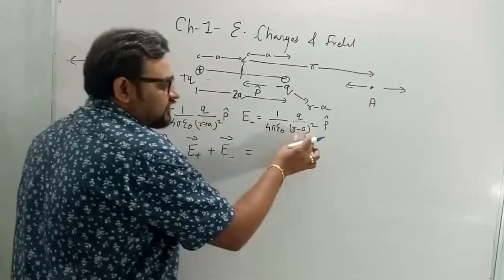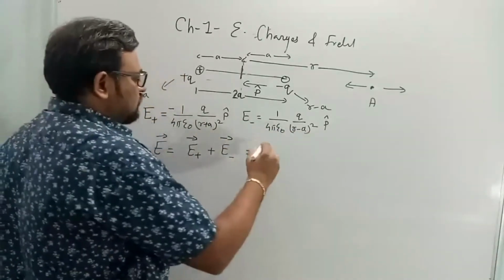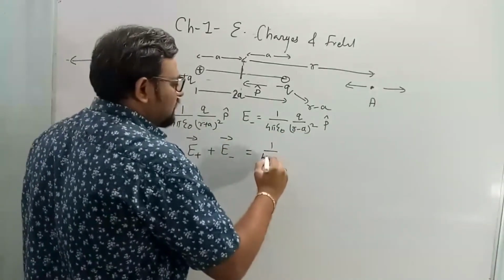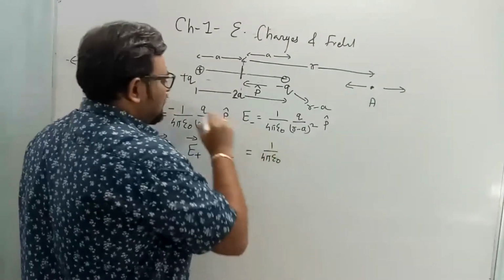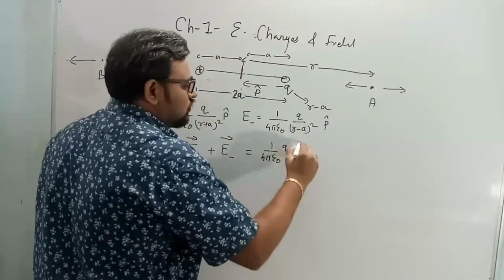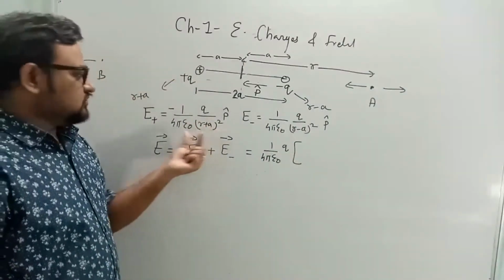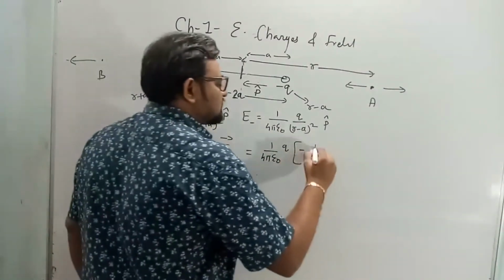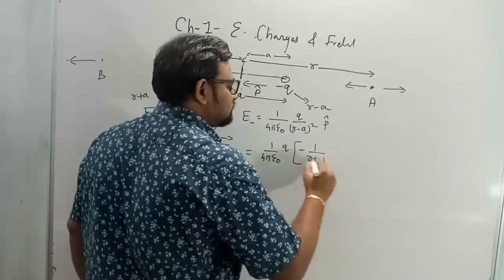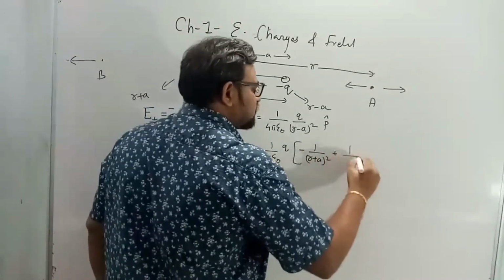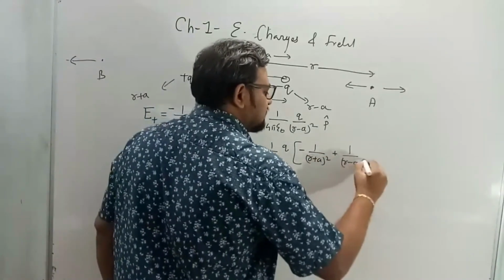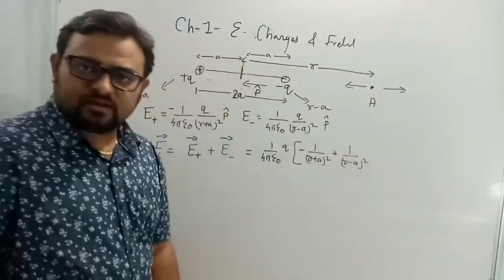See, the denominator is different. So I will write 1 by 4 pi epsilon 0 and q common in both. Clear? So now minus 1 upon r plus a whole square plus 1 upon r minus a whole square. Clear?